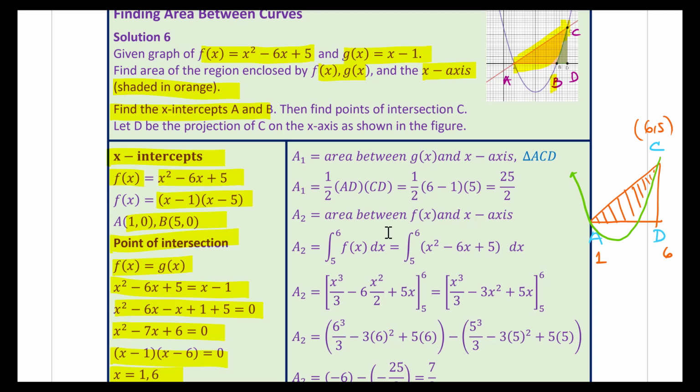So the idea is, first we'll find the bigger area, which is the area given by A1. A1 is the area between g of x and x-axis, so the triangle.